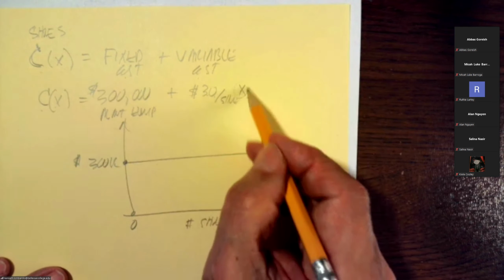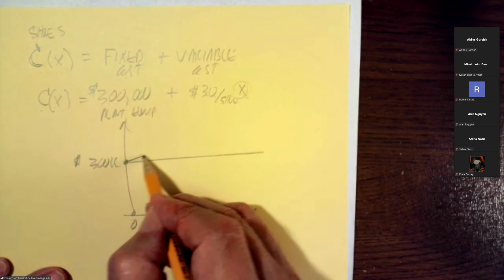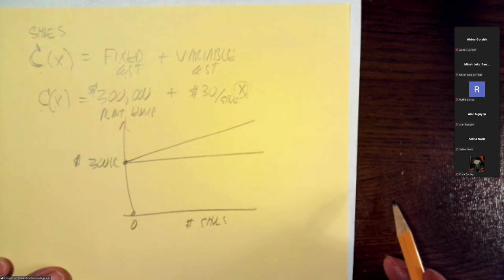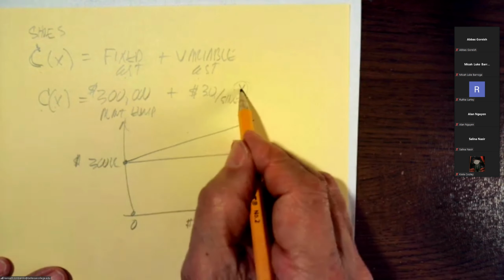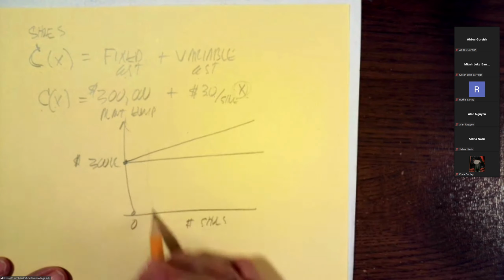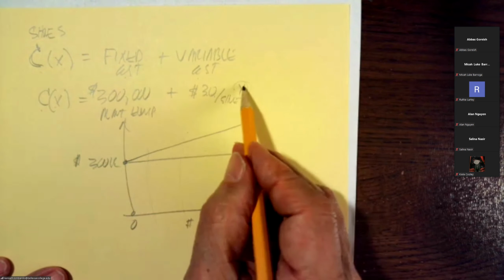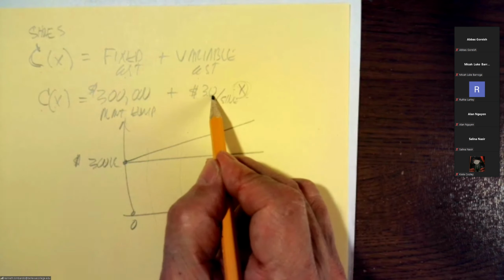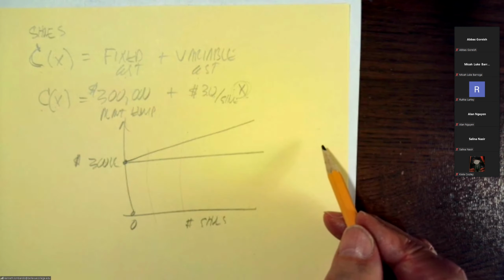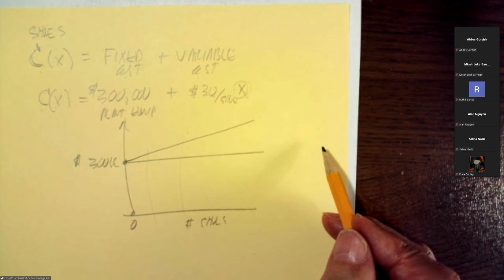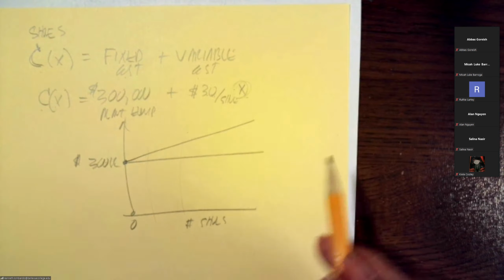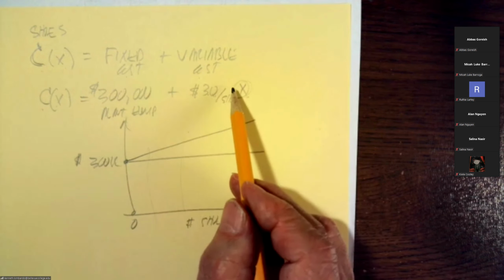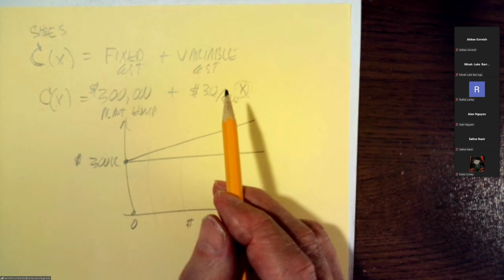Because this is linear, the variable cost is going to have a rate that goes up at 30 times X. For every shoe that I produce, I'm going to have a variable cost of $30. Maybe that's for the leather and the rubber and the shoelaces and insignias and whatever it is that goes on that's per shoe, that amounts to cost per shoe.